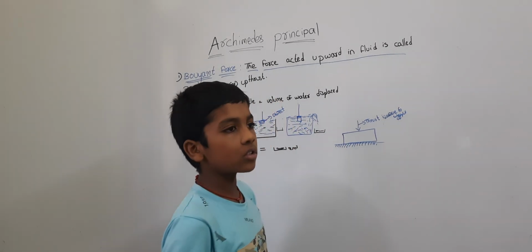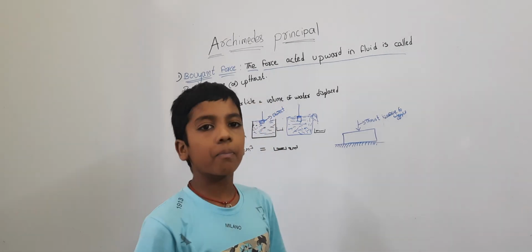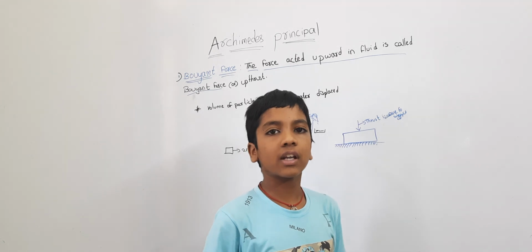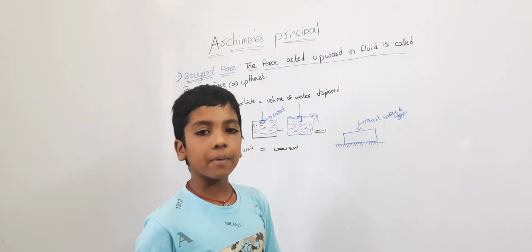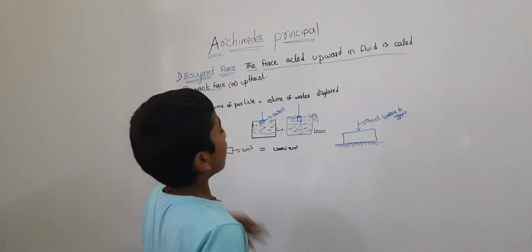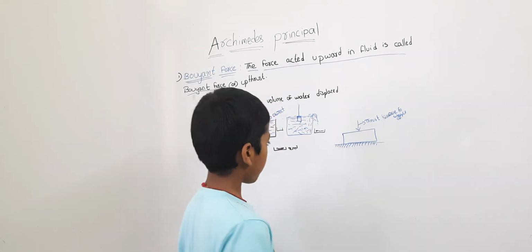But in buoyant force in fluids, the thrust is applied upward. A fluid has upward pressure, downward pressure, sideways pressure, all pressures. But the upward pressure or upthrust is very important.